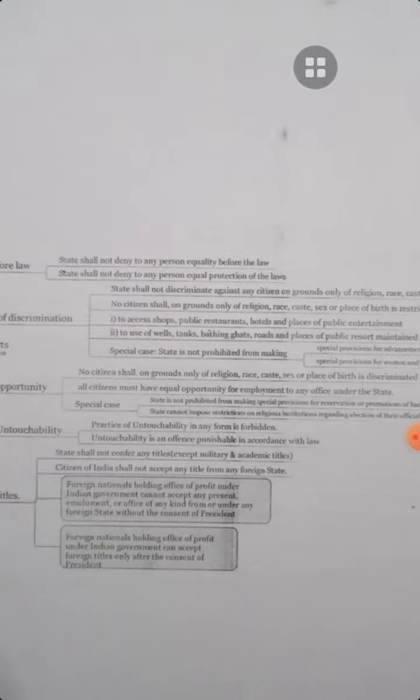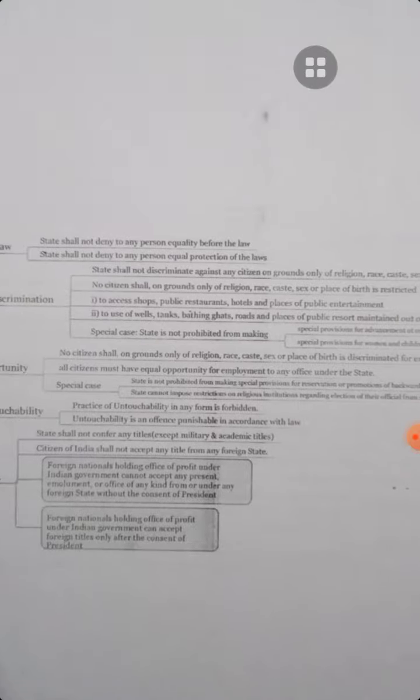Special case: the state is not prohibited from making special provision for the socially and educationally backward, and for women and children. All citizens have equal opportunity in employment, and the state is not prohibited from making provision for reservation in promotions.